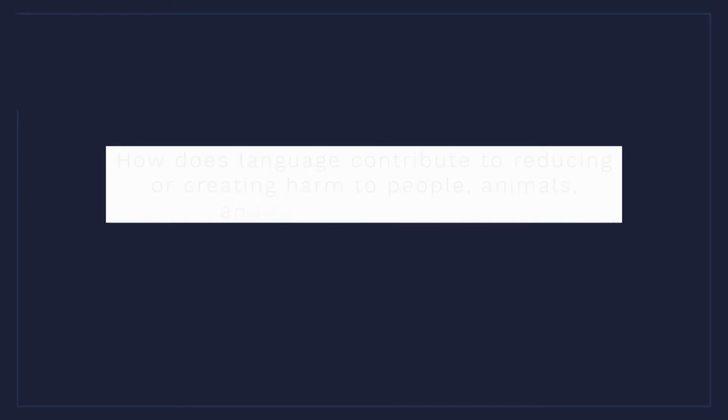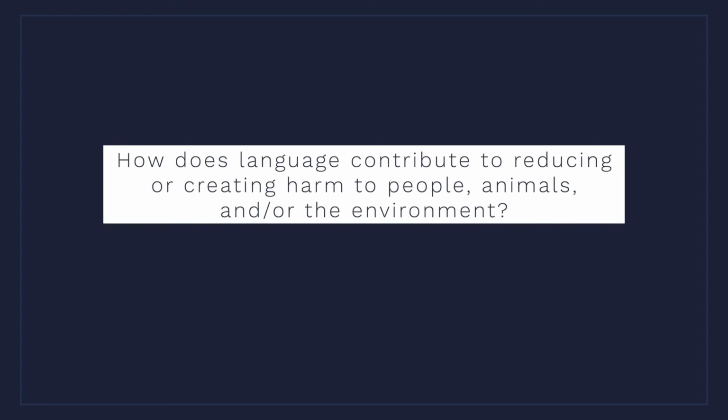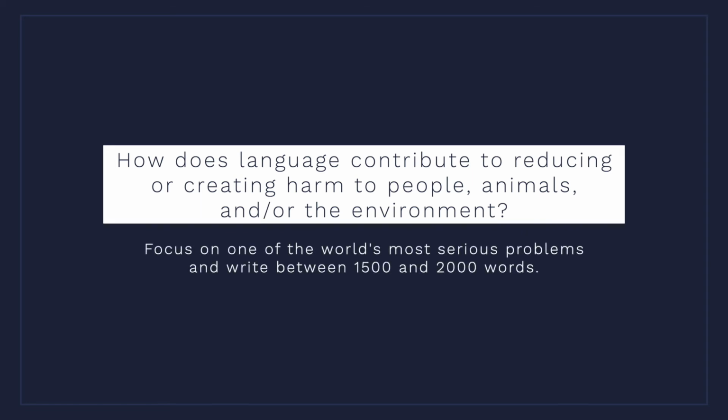The question is: how does language contribute to reducing or creating harm to people, animals, and/or the environment? Focus on one of the world's most serious problems and write between 1,500 and 2,000 words.